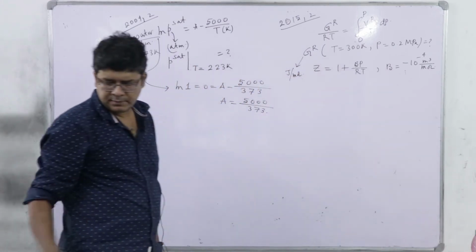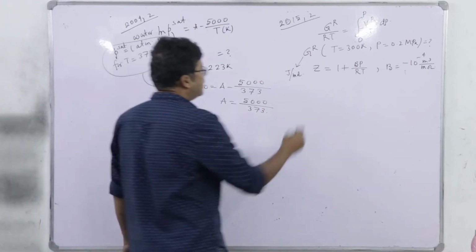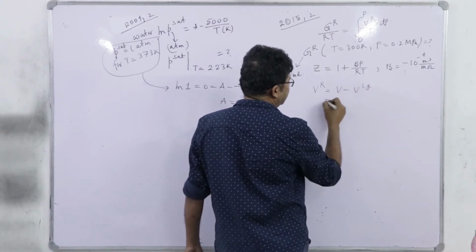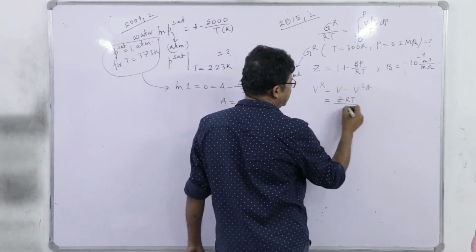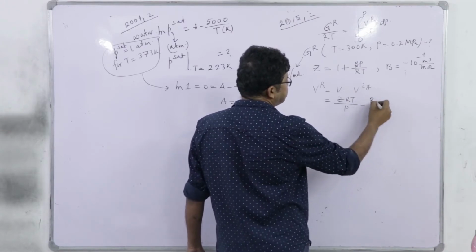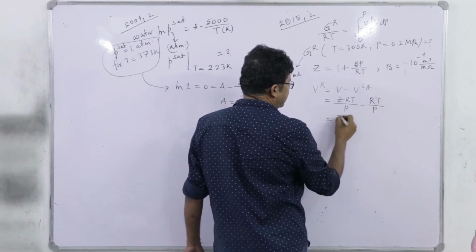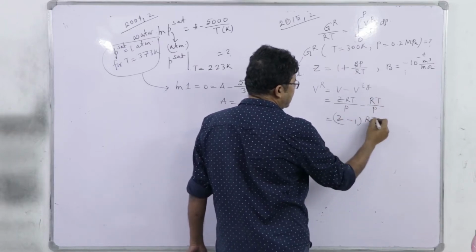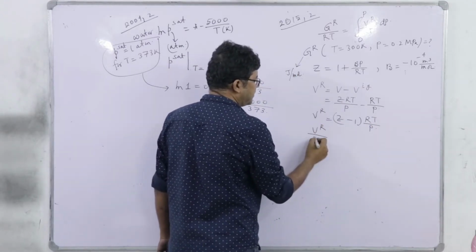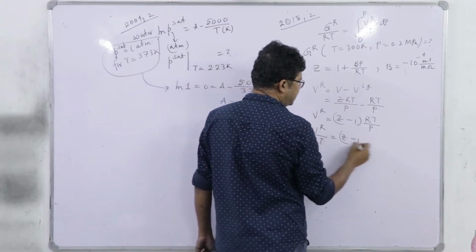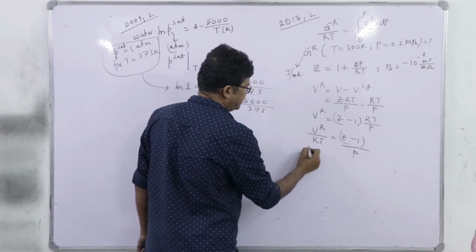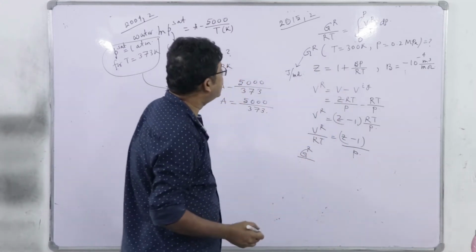So what we have to do? See, VR is V minus V ideal gas. So ZRT by P minus RT by P. So it is Z minus 1 times RT by P. So VR by RT equal to Z minus 1 by P. So it's very obvious because this is equal to the pure species fugacity.